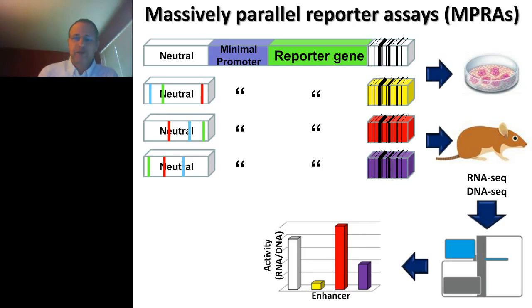In this illustration here, if this blue line is a transcription factor, we can take a neutral sequence like this one that we know is not an enhancer and throw a blue transcription factor on it, let's say a green one here and a red one here, and ask the question, does this make it an enhancer or not?